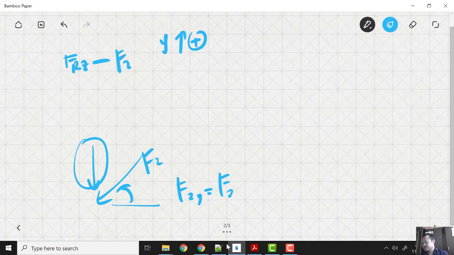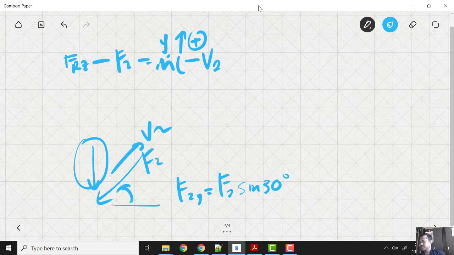F2 sine 30, equal to M dot times V2. V2 in Y direction is moving downward, so minus V2.